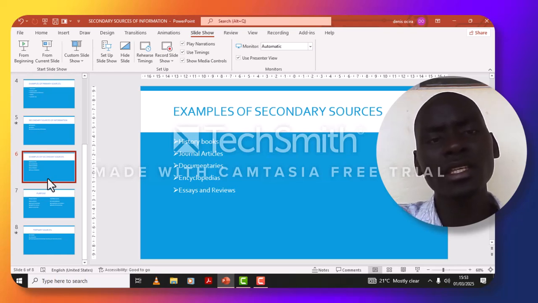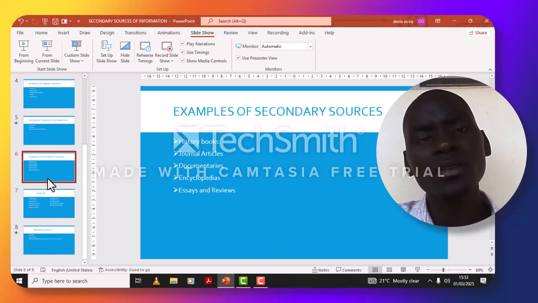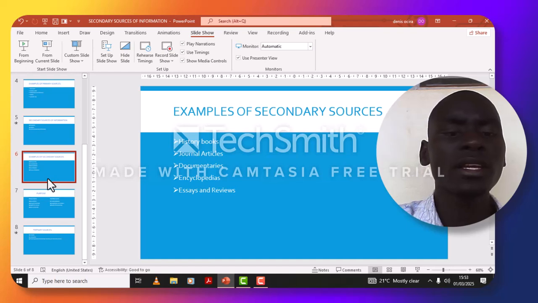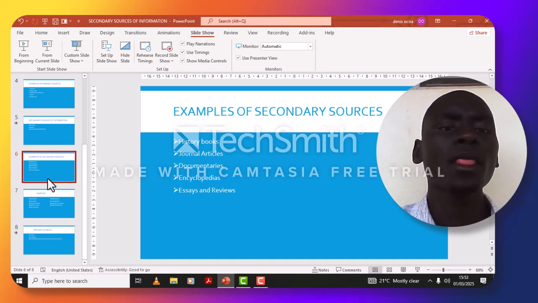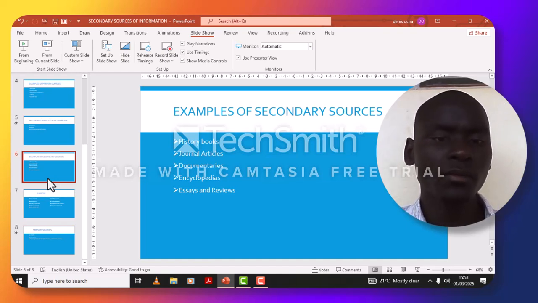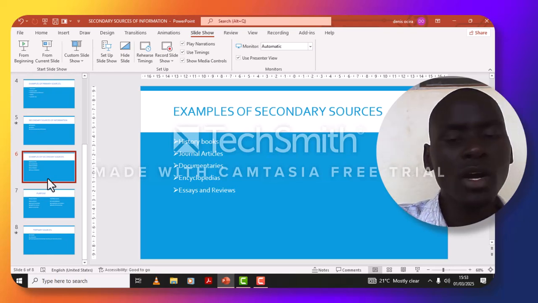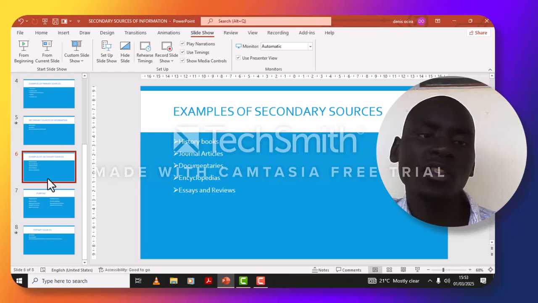Now what are some examples of secondary sources of information? The examples include historical books. A historical book analyzes a specific historical period.